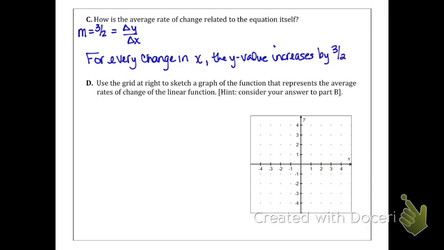Now we could have put, like, for every time x increases by 2, the y value increases by 3, since it is 3/2. But remember that 3/2 is also the same as 3/2 over 1. So that's why we said for every change in x, that's our x's down there, the y value is going to increase by 3/2.